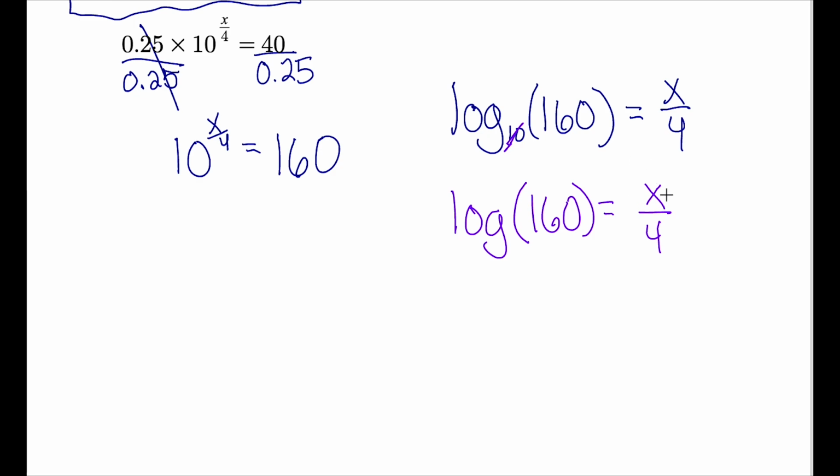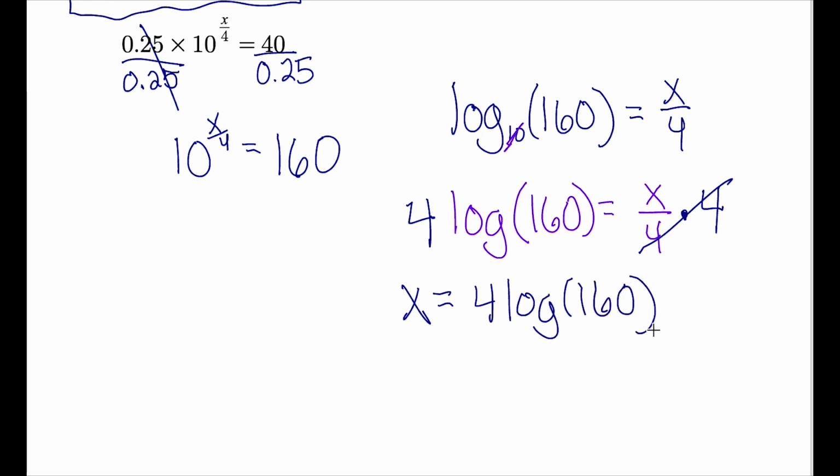Last time, because we were multiplying a number by x, we divided by that on both sides. But here, since I have a 4 in the denominator, in order to move that over, I have to multiply both sides by 4. So x is 4 log of 160.